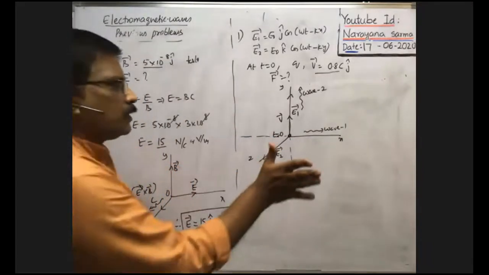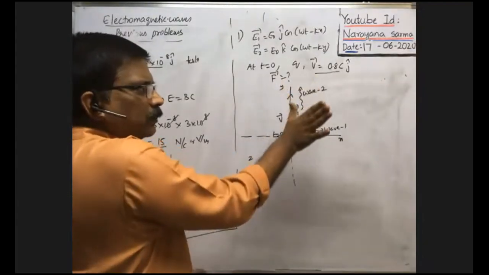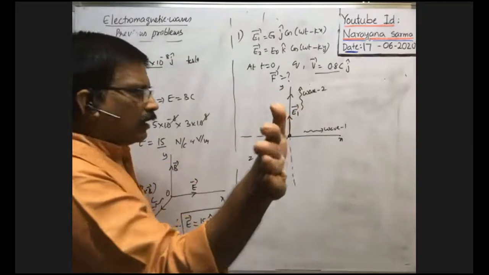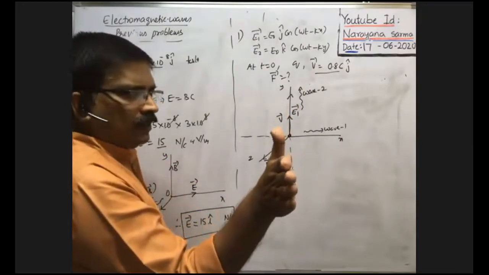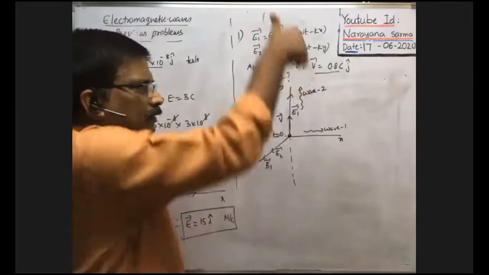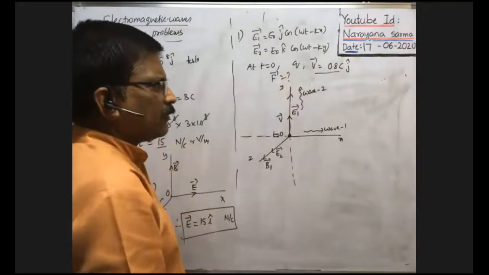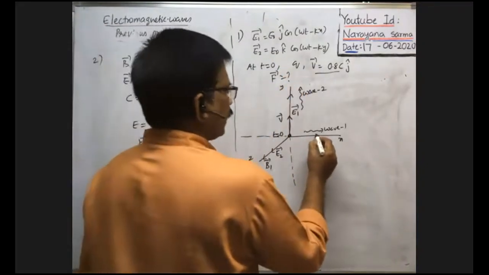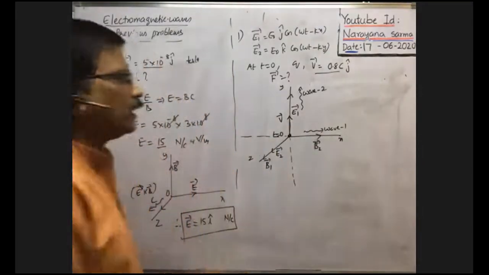Okay, you see, in the direction of propagation of the second electromagnetic wave, you keep the thumb, remaining fingers along positive z-axis because E2 is along positive z-axis. Then you curl like this towards x-axis. Then the thumb is towards y-axis, along the direction of propagation of the second wave. That's why it is the direction of the magnetic field due to the second wave. So in this way, we know the directions.